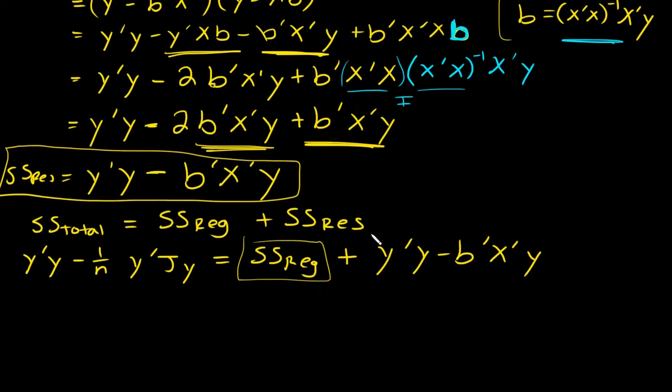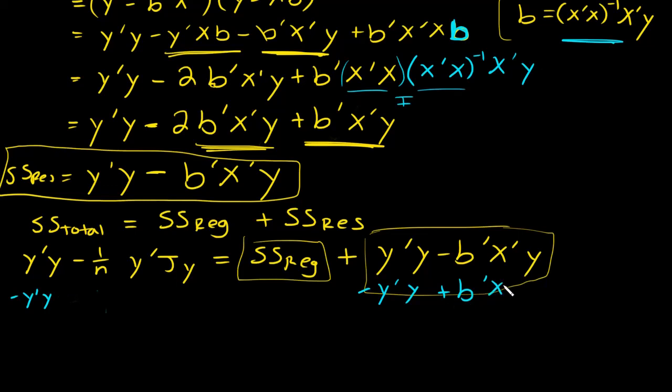Let's subtract this from both sides of the equation. I'm going to subtract Y transpose Y from both sides, and then add B transpose X transpose Y to both sides.